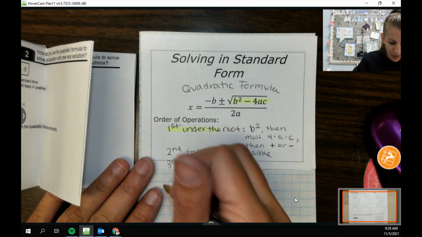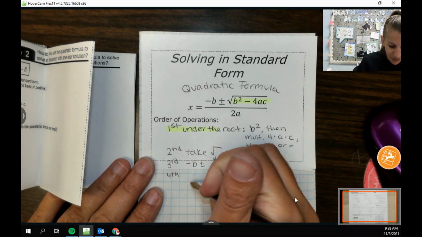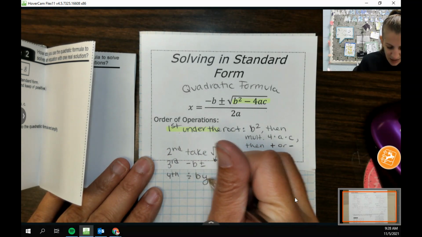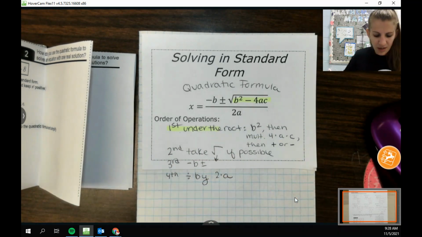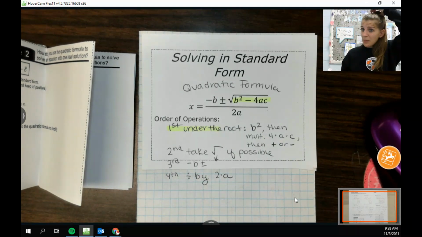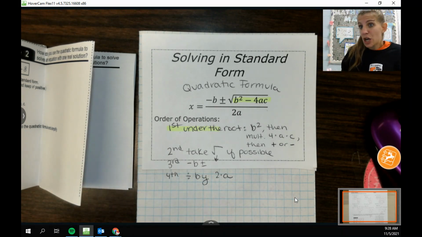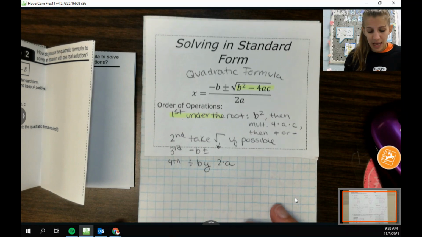And then fourth, we want to divide by 2 times a, which should end me up with 2 unique answers, but we might end up with only one answer, or we might end up with no answers. That could definitely happen.